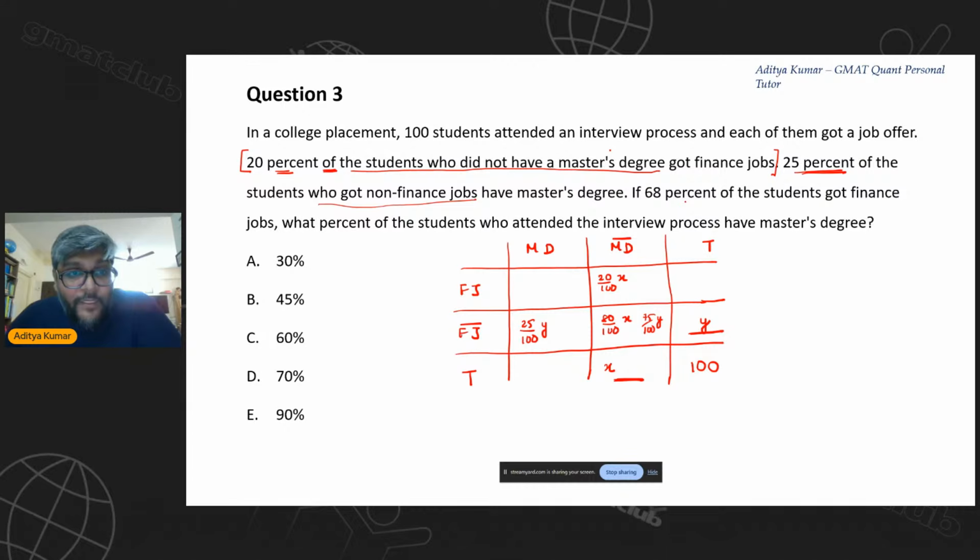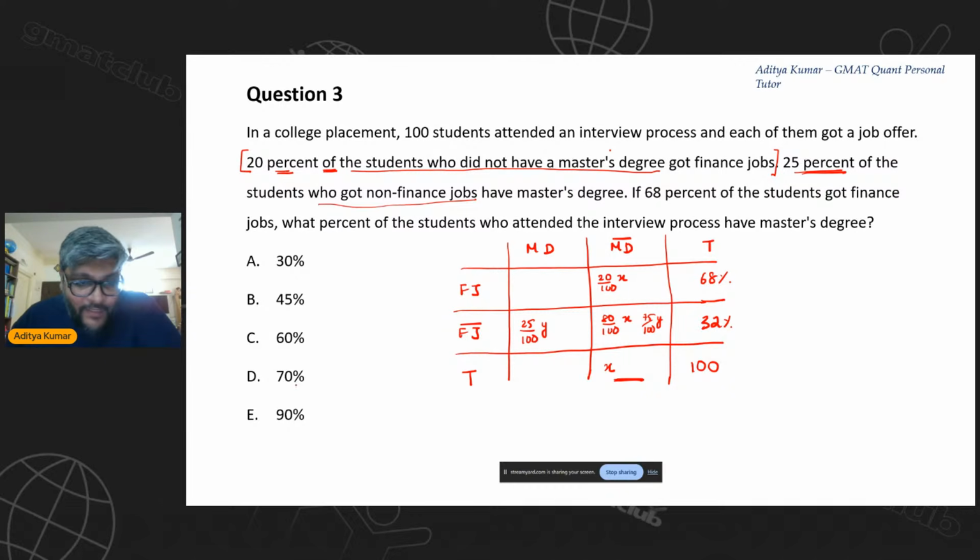And now they give me some information that I can make use of. 68% of the students got finance jobs. So they're giving me this as 68%. Right? So now since they're giving me that data, this makes the question way easier. I will just redo my table. This would be 32%, right?